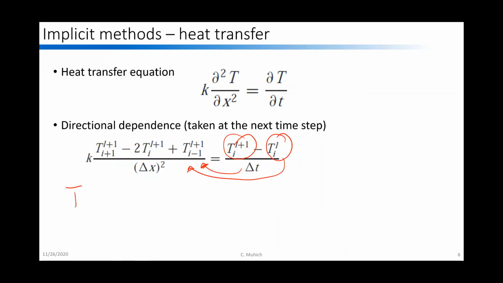So we end up with T_I at L plus 1 is equal to T_I,L plus delta t times k over delta x squared times all this stuff up top. So this is T_I plus 1 at L plus 1 minus 2 T_I at L plus 1 plus T_I minus 1 at L plus 1.